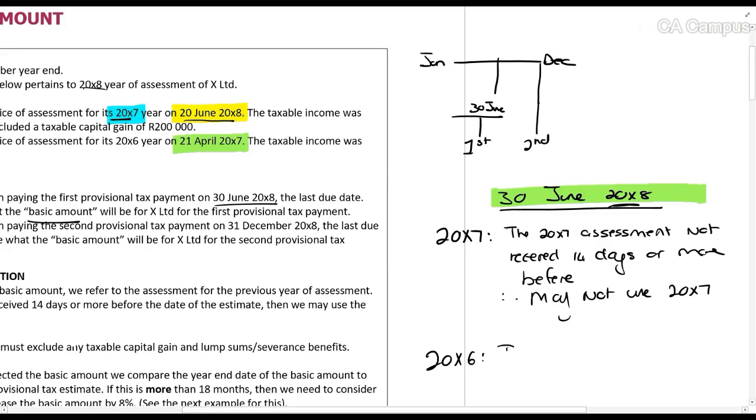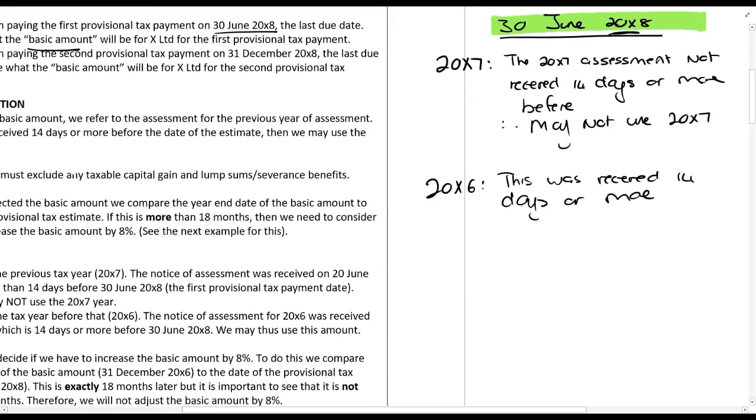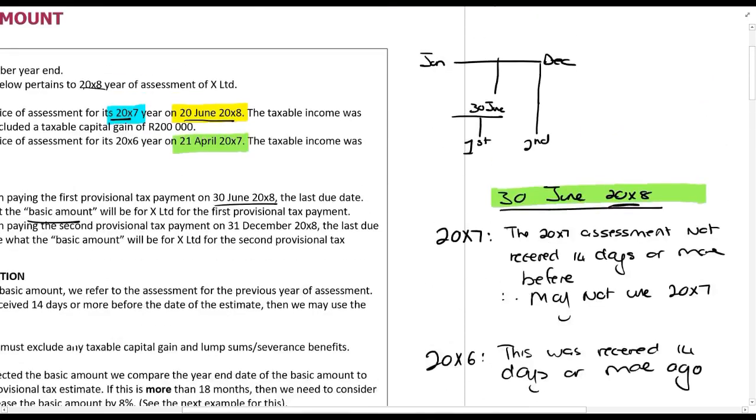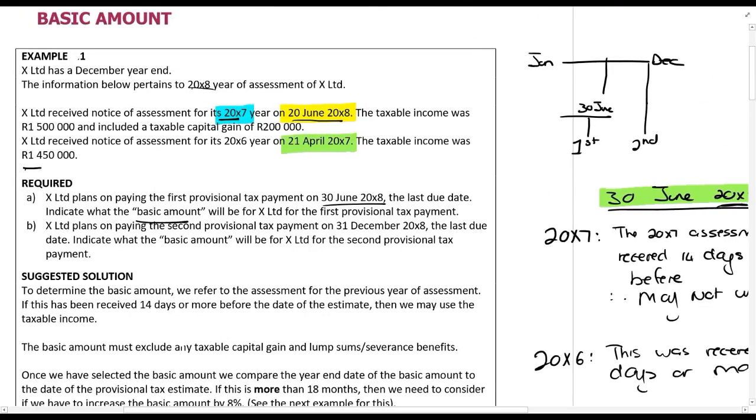So this was received 14 days or more ago, thus may use. Now I want you to see what happens. You should say the basic amount is 1,450.